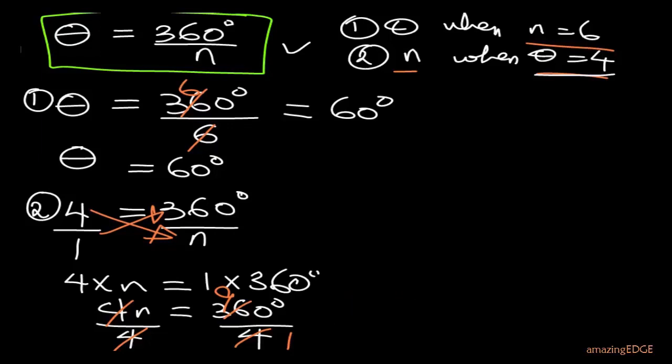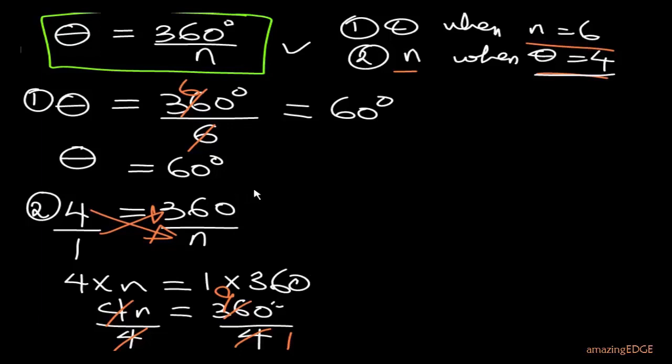Okay, now because we are talking about the number of sectors, what we are going to come out with is not going to be in degrees. So if we talk about theta, we allow it to be in degrees. Then if you are talking about n, it shouldn't come out to be in degrees because we're talking about the number of sectors. So let's do away with those degrees for those calculations that involve n.